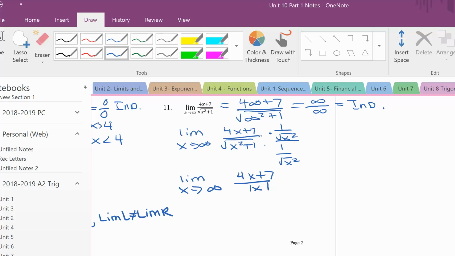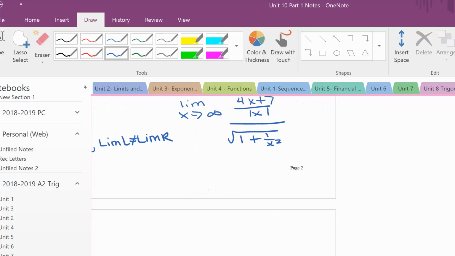So the square root of x squared, remember, is the absolute value of x, so we get that in the numerator. And then for the denominator, we get 1 plus 1 over x squared, because it's 1, not x.